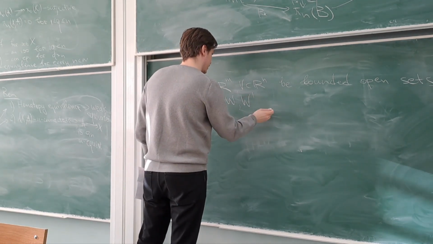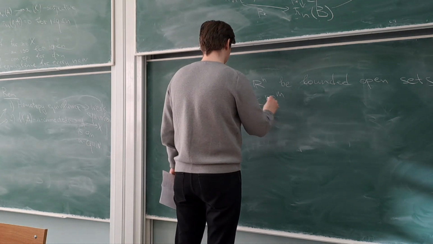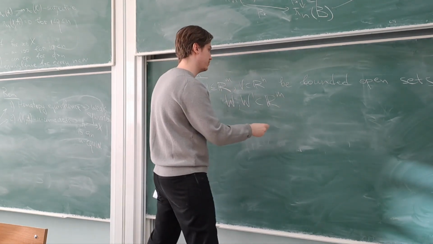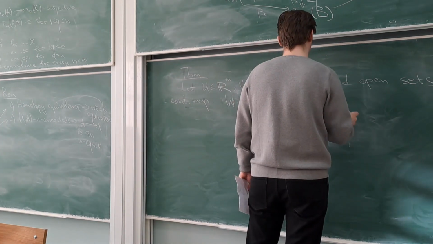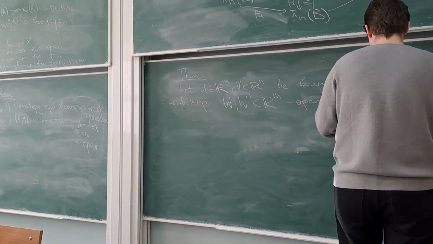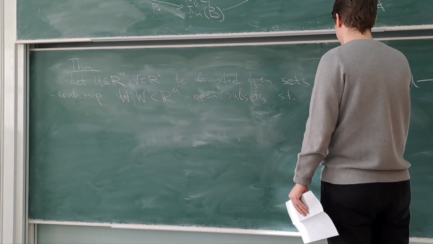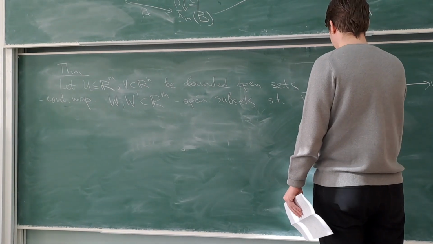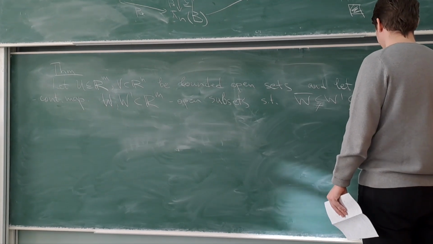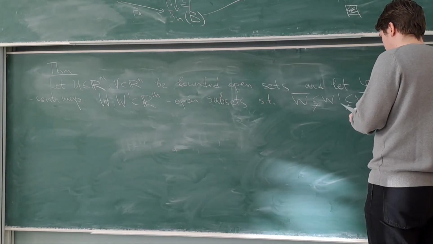Also, I want to take two open subsets in R^m, W and W prime, such that the closure of W is contained in W prime, and it is contained in the closure of W prime, and it is contained in U, like that.